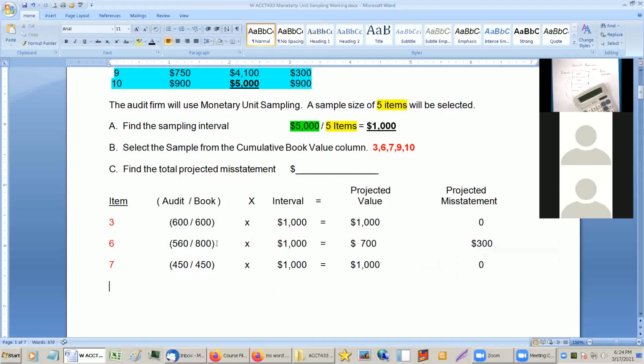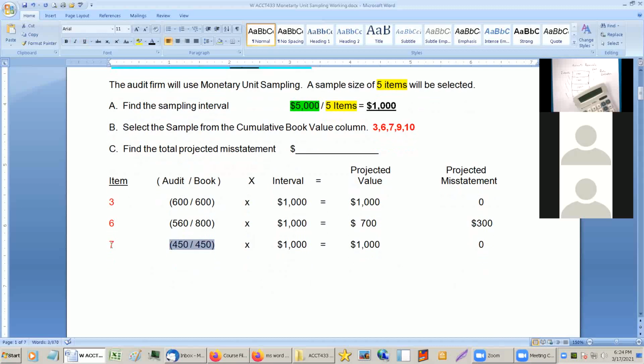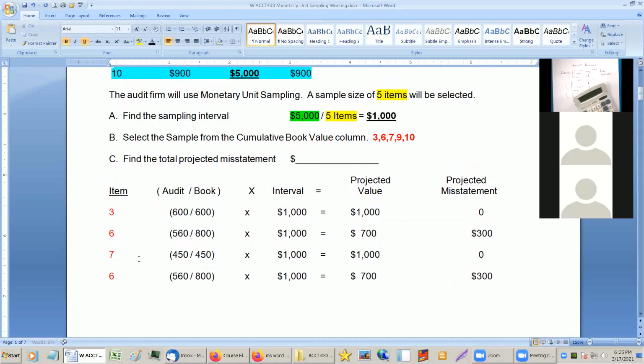Again, we pick one item. If that item is okay, then the entire interval is okay.